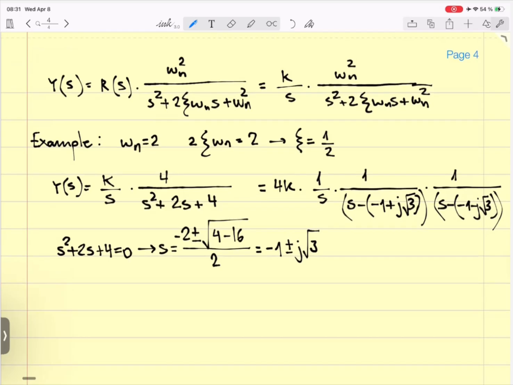And we perform again the separation so that we can apply the Laplace transform easily.